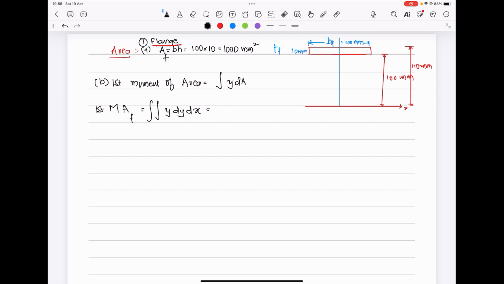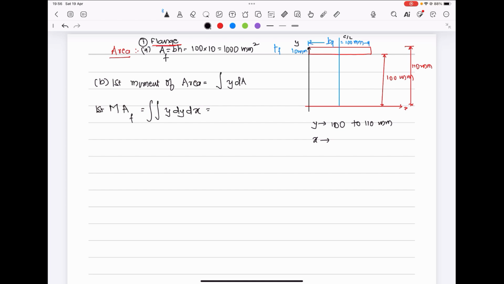What is the dx value? Here y varies from 100 to 110 mm. X varies from, let us say this is the x-axis, this is the y-axis, this is only center line, not axis.